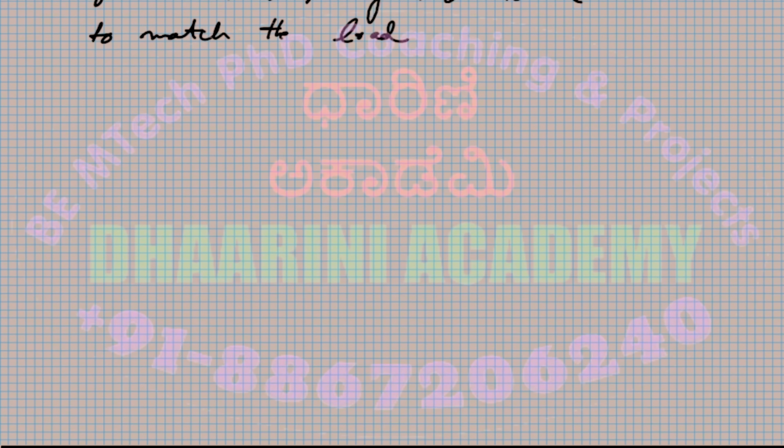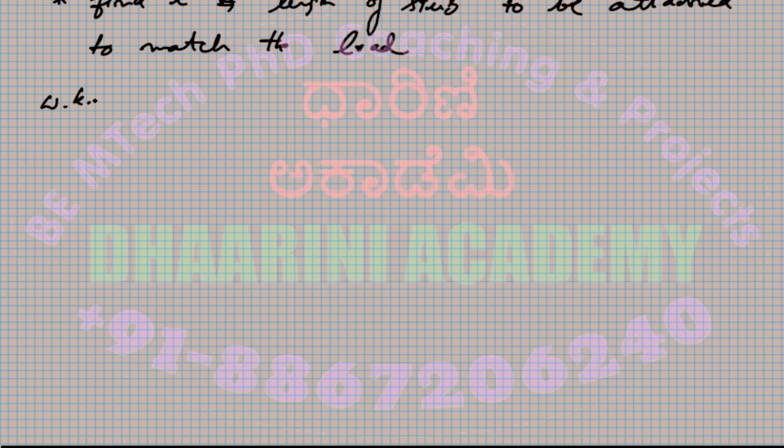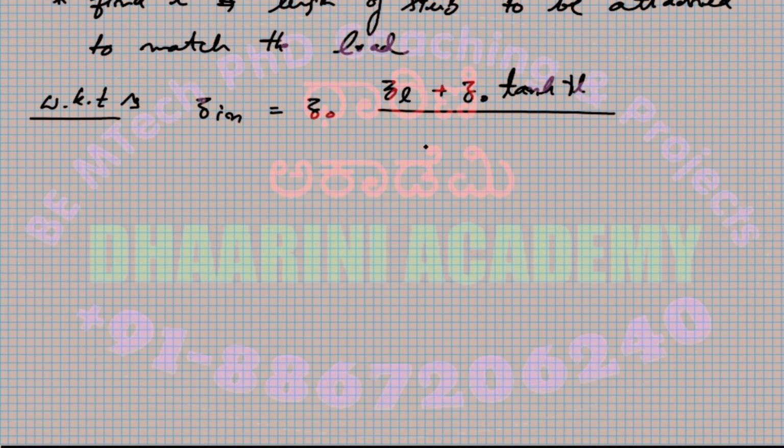Let's start with the equation of Z in, the input impedance, that is equal to Z naught times ZL plus Z naught tanh gamma L, whole divided by Z naught plus ZL tanh gamma L. This is how we calculate the Z in.